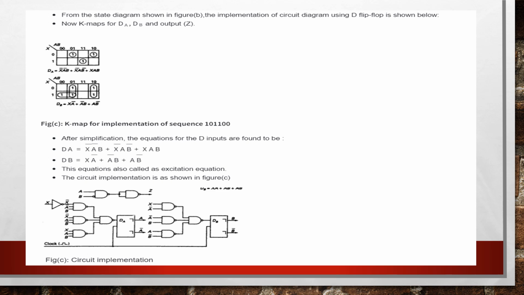After that, from the tabular column we can know for which combinations dA equals 1. By filling it in the K map, we will be able to obtain the dA equation. Here we have got three 1s, which are individually grouped, so we obtain the dA equation in this manner.